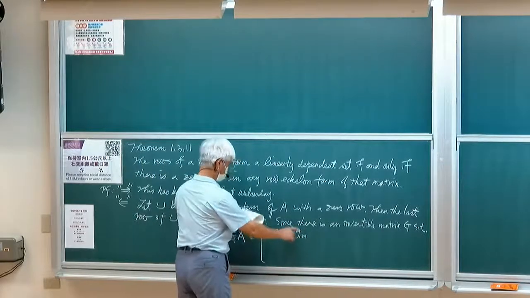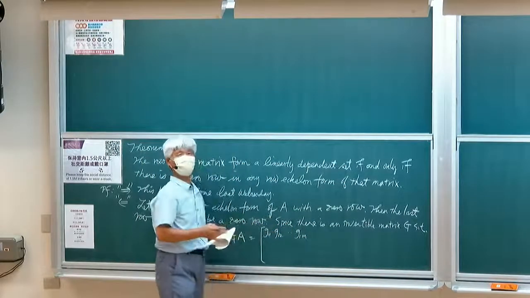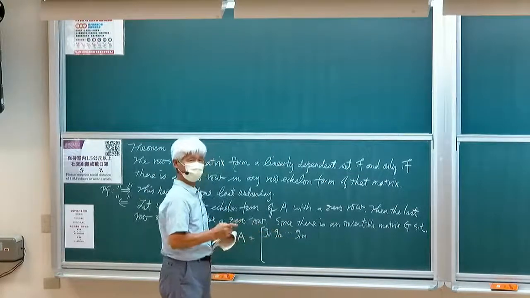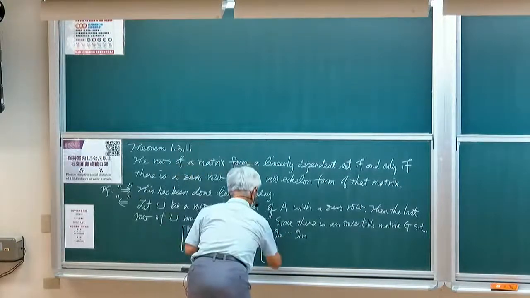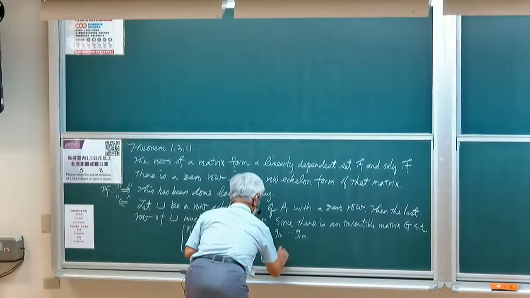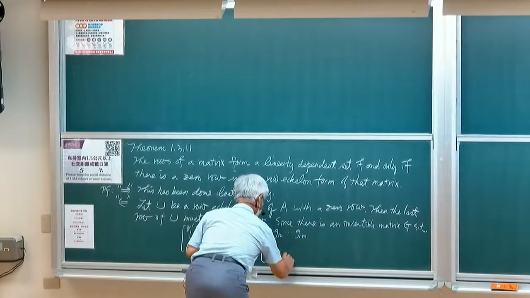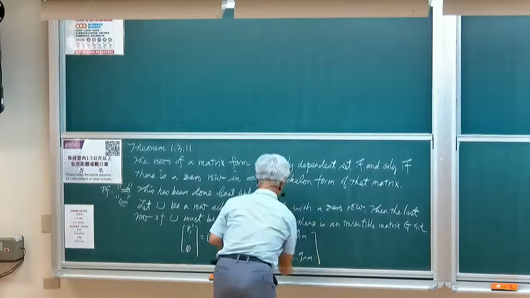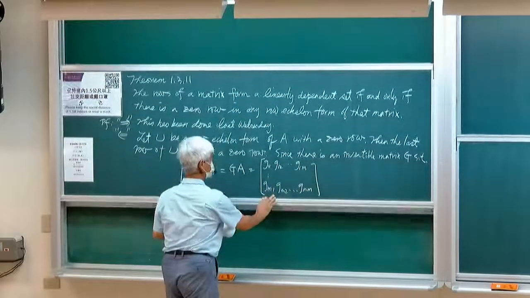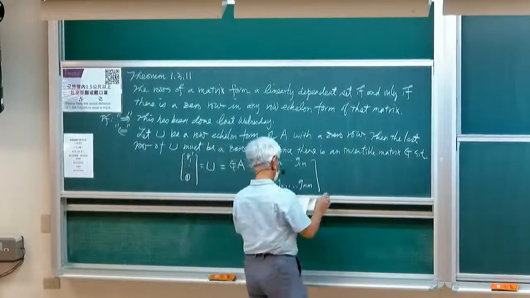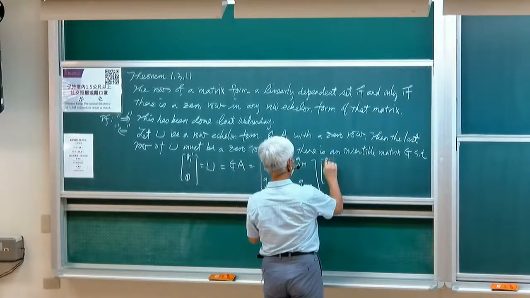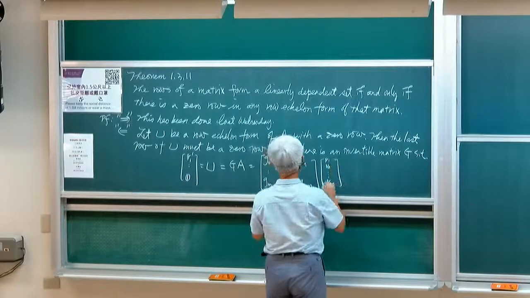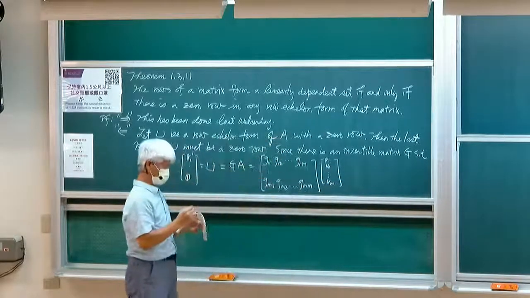I typed GMM, but it's incorrect. It should be G1M. I'm sorry, so please correct it. And then GM1, GM2, and GMM, and R1 and so on. A has M rows here.